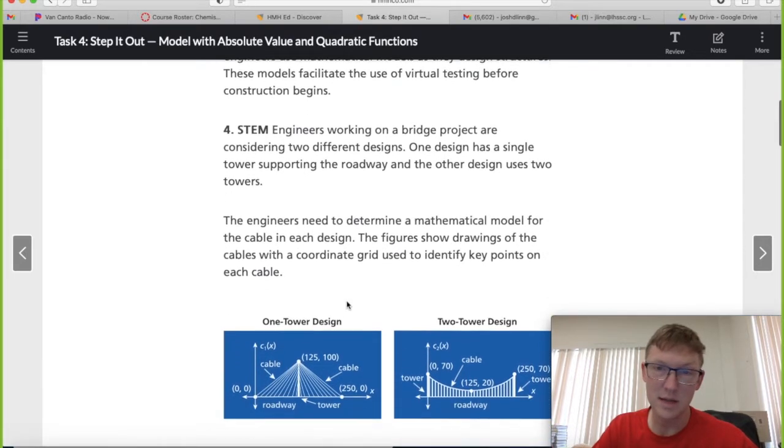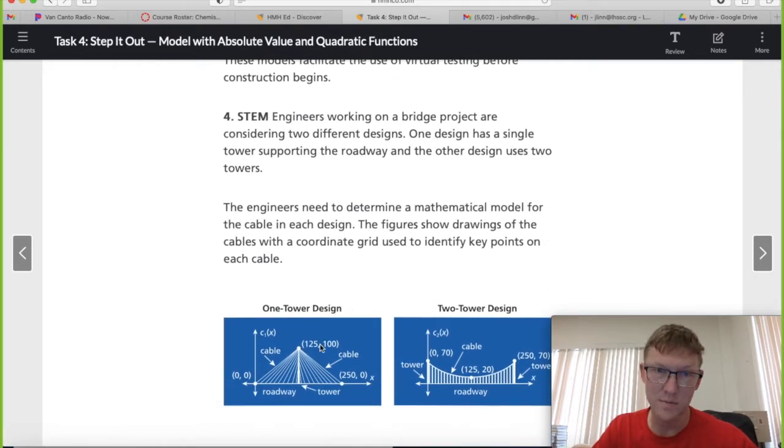And it looks like we've got some towers here that can also use some of the functions we're talking about. The one tower design probably uses absolute values. This one right here, the 2 tower design, look, a curve. Could that be a parabolic curve?